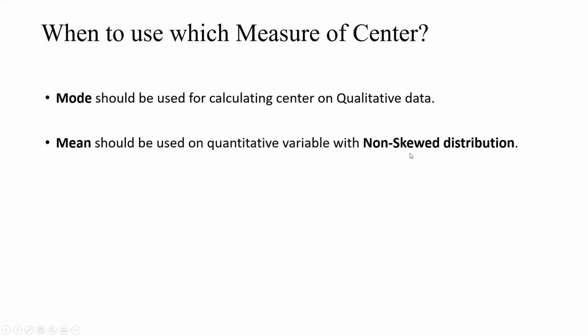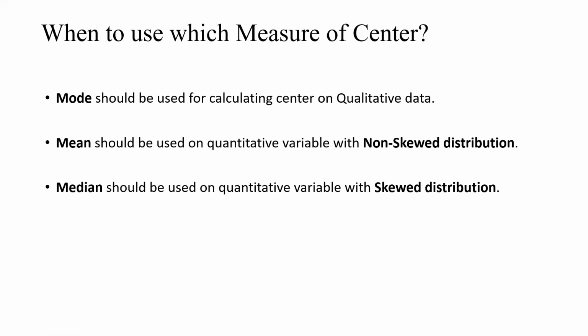It shouldn't be skewed. The reason is, if it's skewed, then there are outliers, and you have to take them into account and adjust your mean accordingly. And median can be used on any distribution. Normally it tends to represent the center, but when you have a skewed distribution, people go for the median.